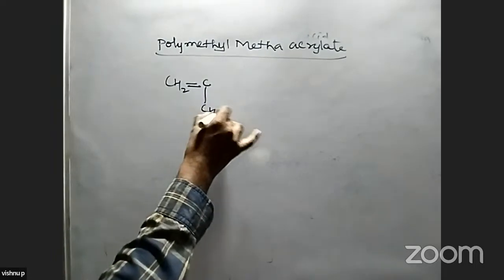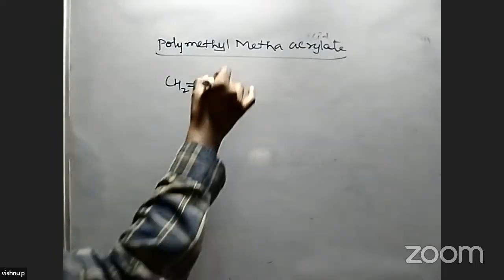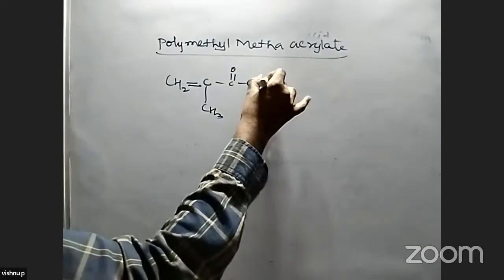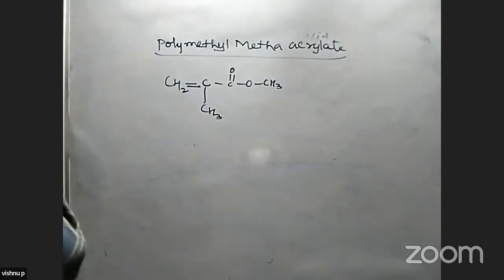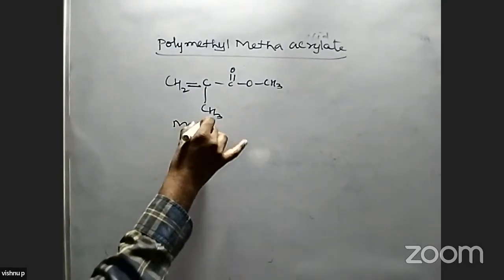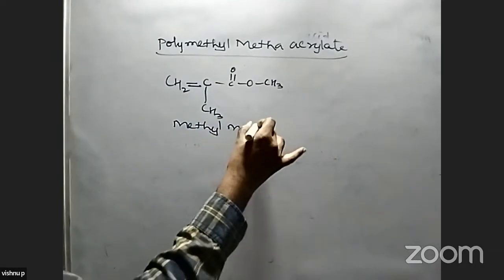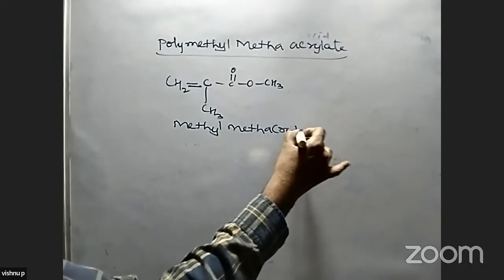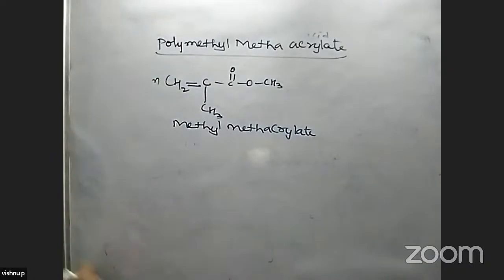CH2 double bond C, and on the bottom side, CH3 group on one side and an ester group, OCH3, on the other. The name is methyl methacrylate. N number of molecules are combined here.